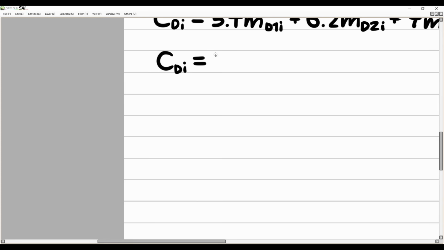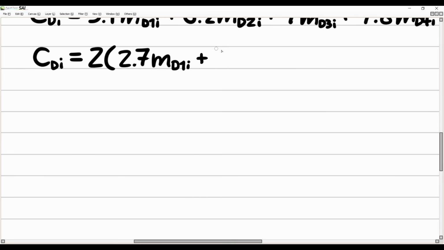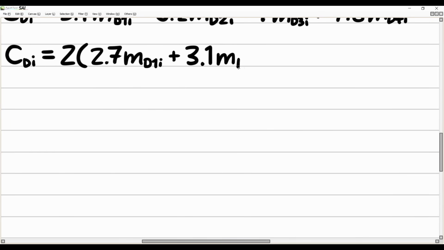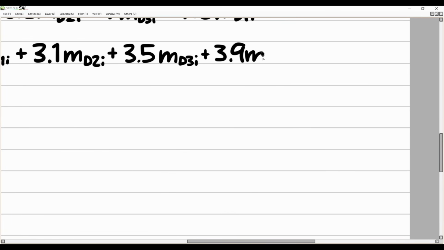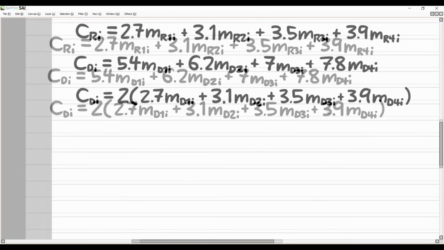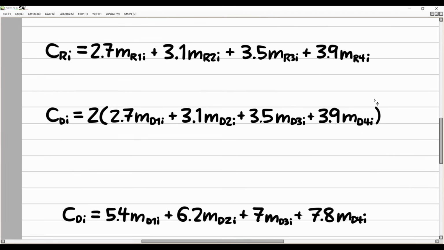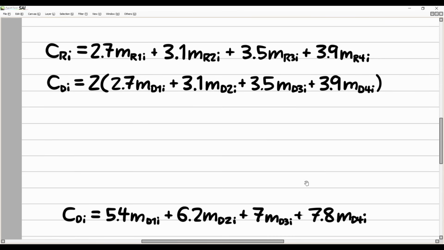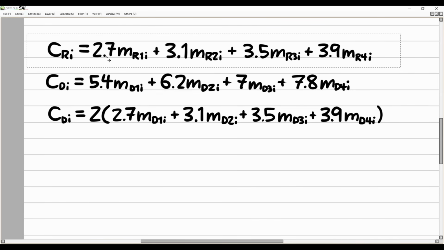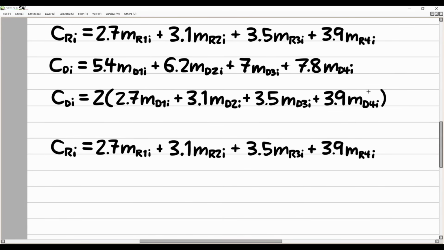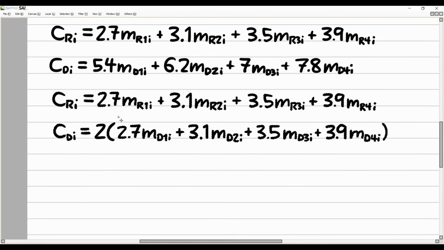So CDI will be equal to 2 times... Now, it's really cool to see that there is a way to make these two look pretty close to each other. They're not identical, but they have a very similar form.